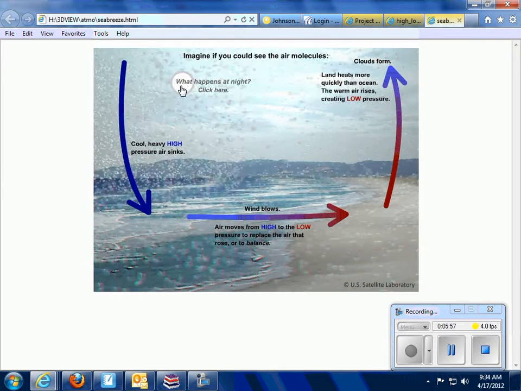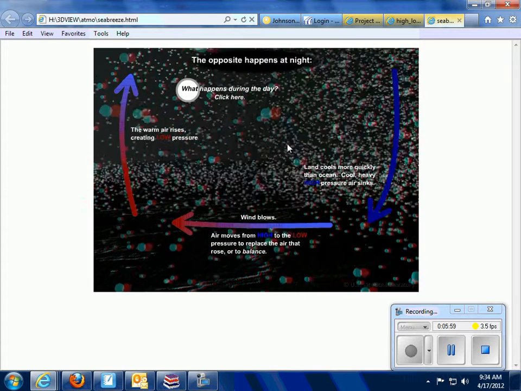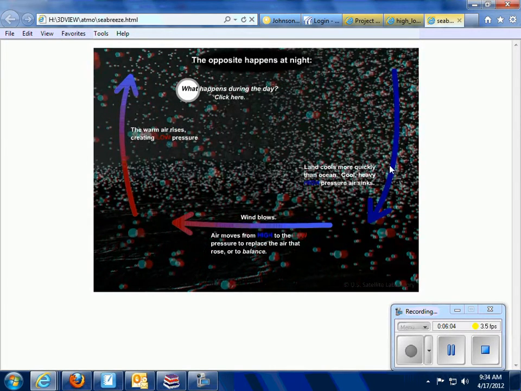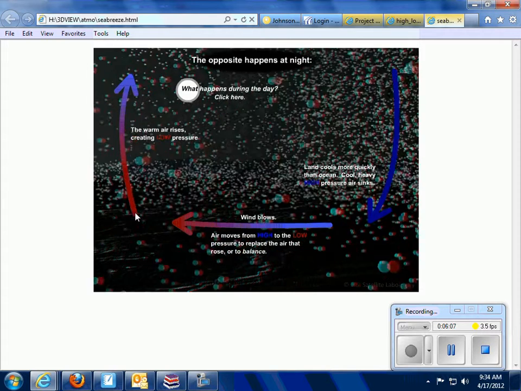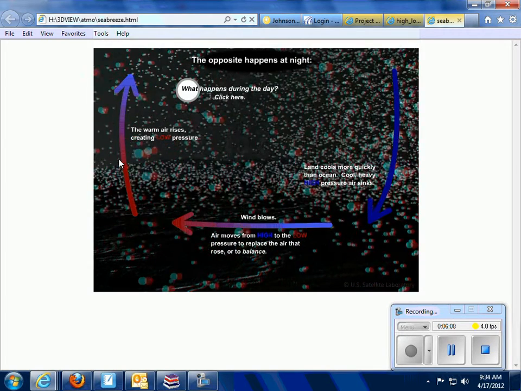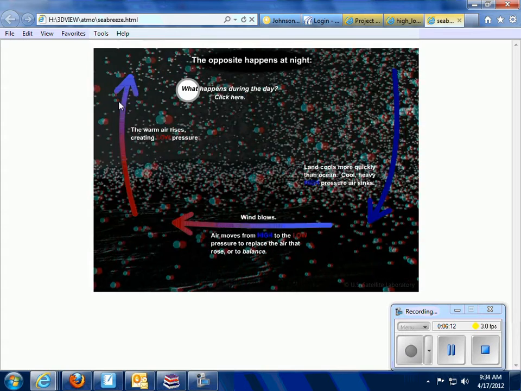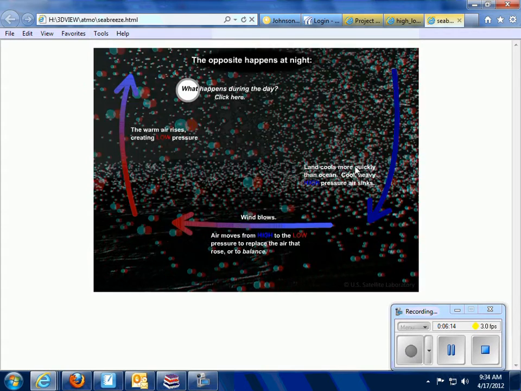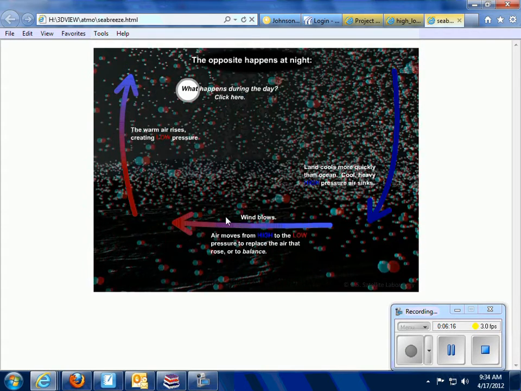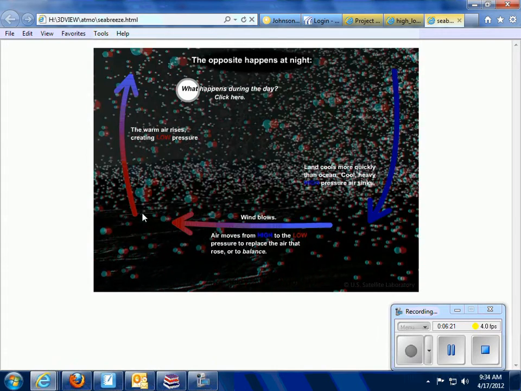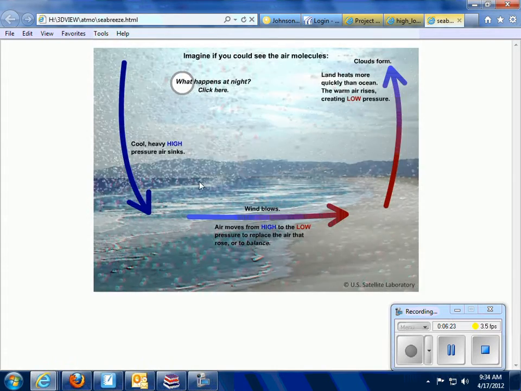Now, notice what happens here at night. It does the exact opposite. The land cools, so that becomes low pressure. The water's warm, so it warms the air above it, so that rises. That makes low pressure, and high wants to go where low is, so usually you have a breeze blowing out to the ocean during the night, but during the day you have a wind blowing in.